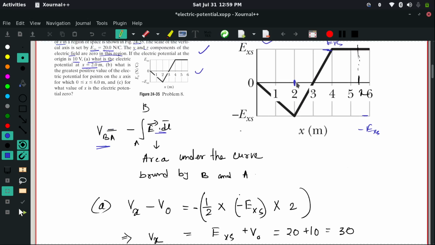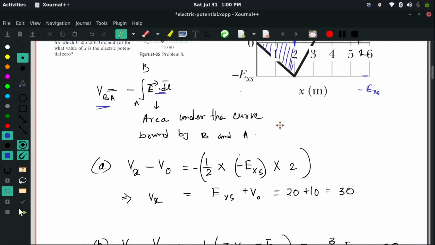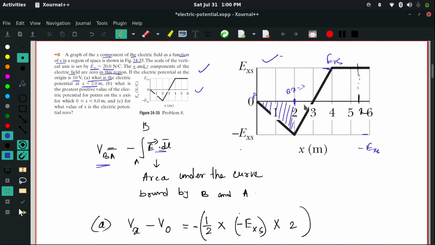Now here what they are asking is to calculate the potential at this point x equal to 2. So what we can do here is go from this origin, which is our A here, to this B point, and this integration will give us just the area under the curve. If you know the area using some geometric formula, then you don't need to do this integration.